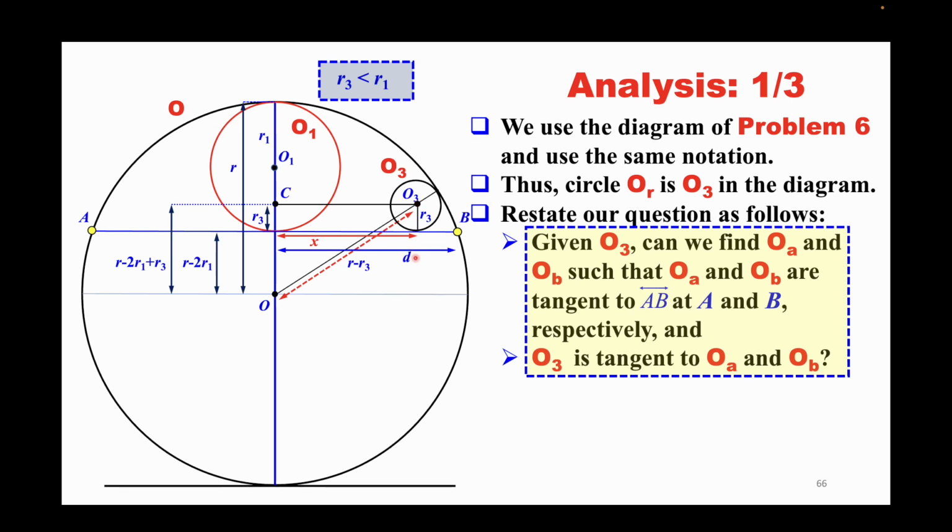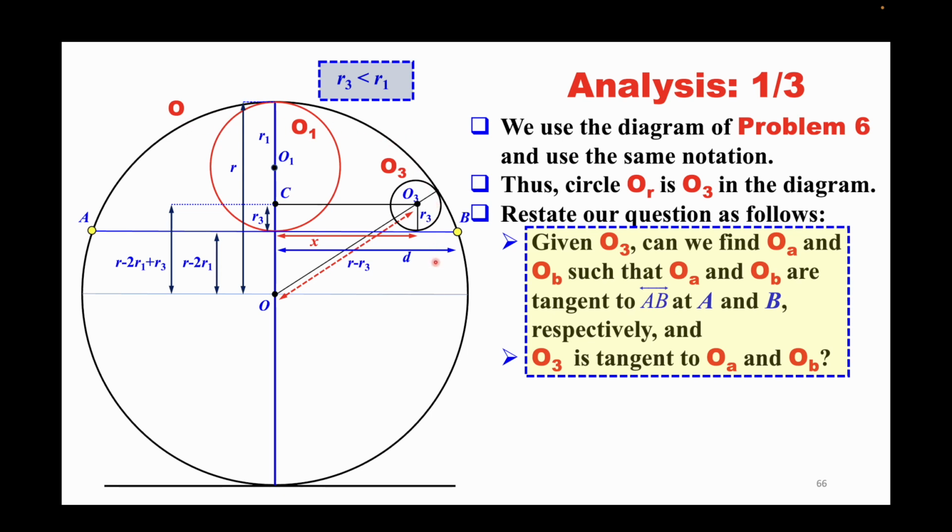So restate our question as follows. Given O3, can we find OA and OB such that OA, OB are tangent to AB at A and B respectively, and they are tangent to each other, and also O3 is tangent to OA and OB? Definitely, it's not always the case.